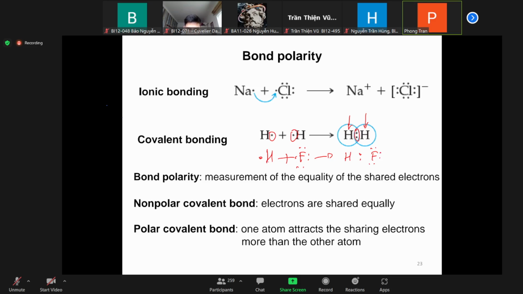Then the shared electron is more localized on the fluorine than on the hydrogen. That means you have a higher electron density close to the fluorine than on the hydrogen. How can I demonstrate this?